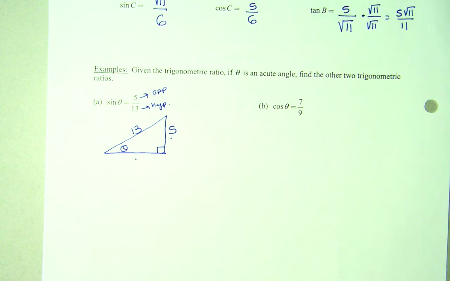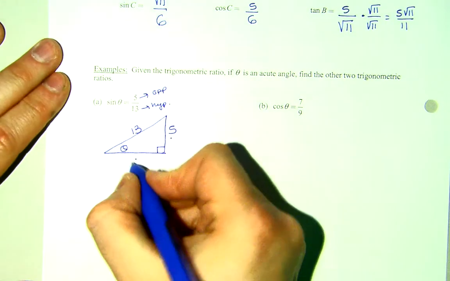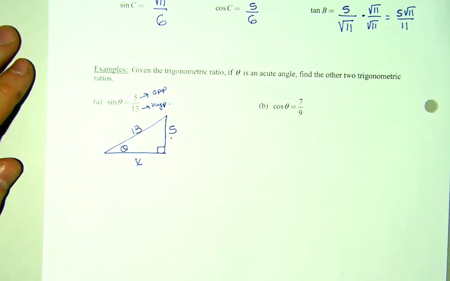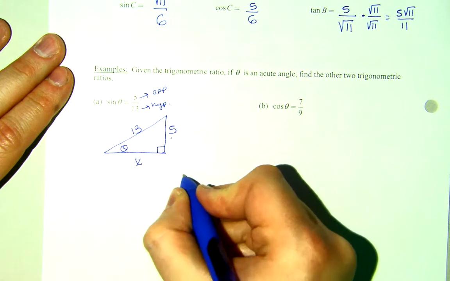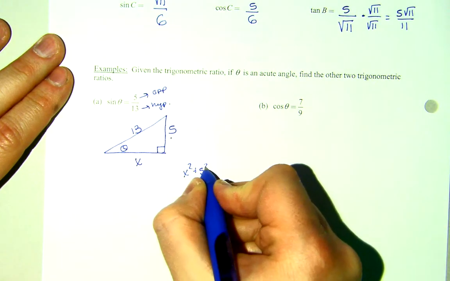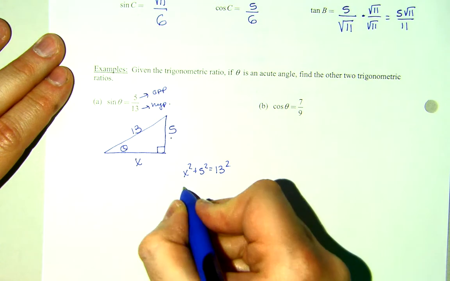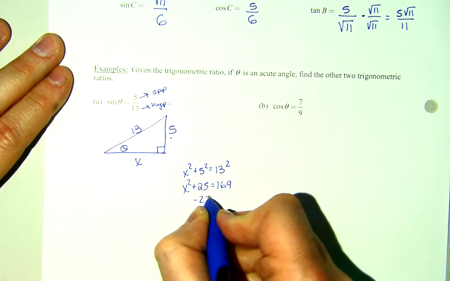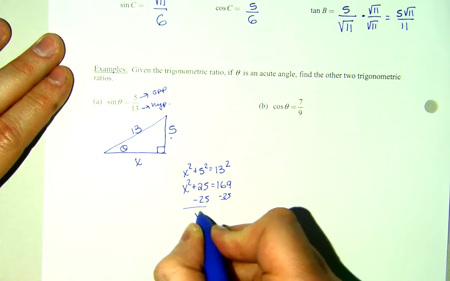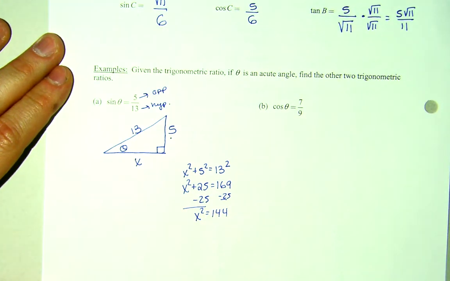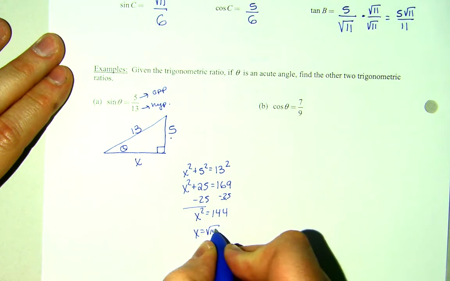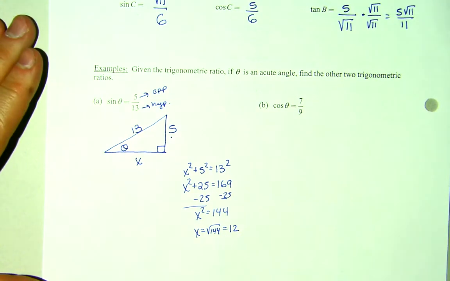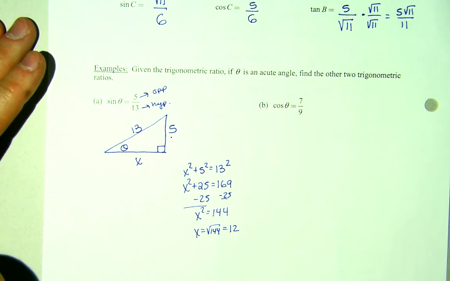Maybe you just know it. 12? 5, 12, 13 Pythagorean triple.